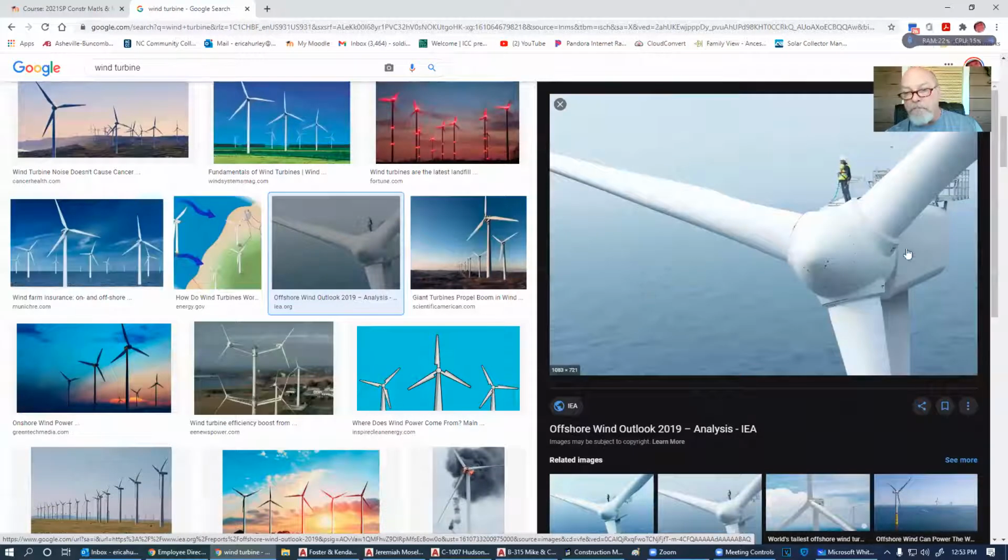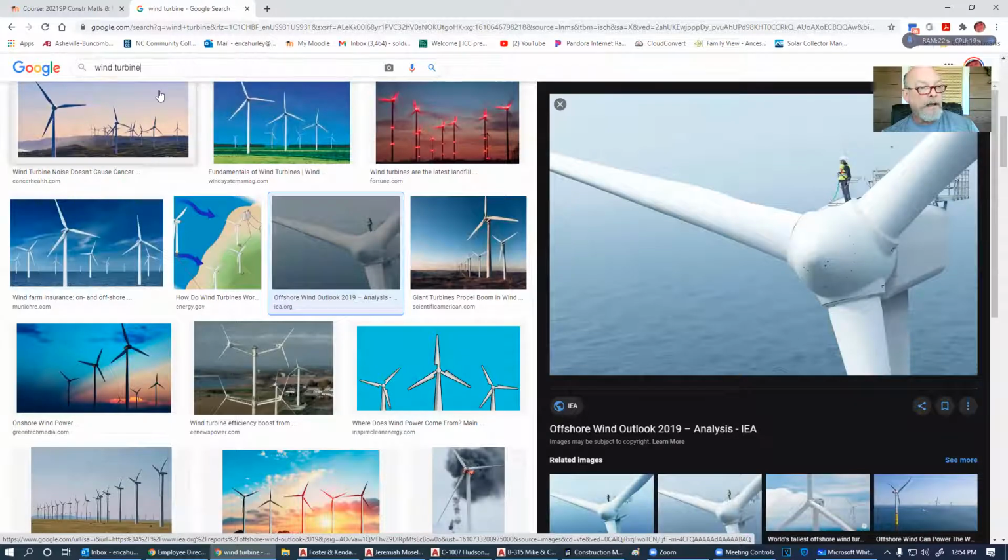We're talking about a megawatt here. Right now, the largest, to my knowledge, wind turbine is a 14 megawatt turbine. Now, how many of these huge 14 megawatt turbines do we have in the United States? Absolutely none. These are mostly overseas, Germany, Norway, and so forth.